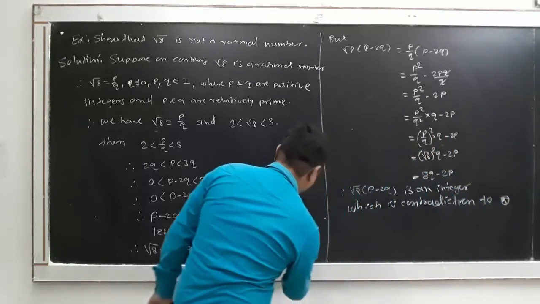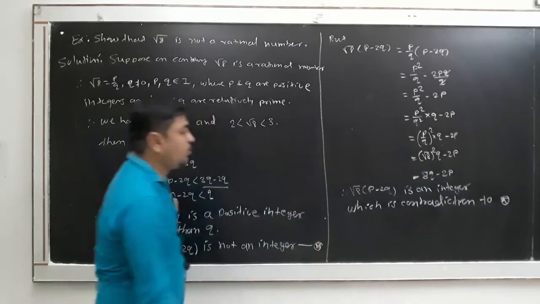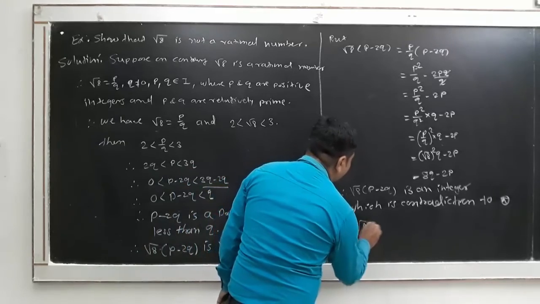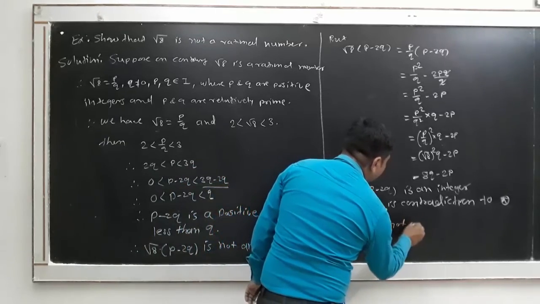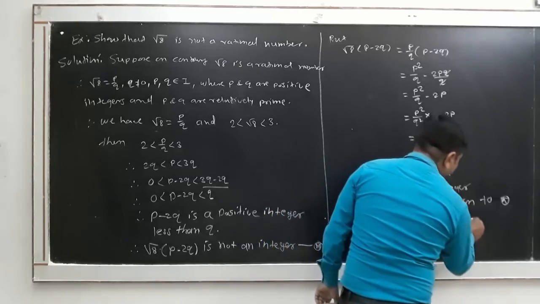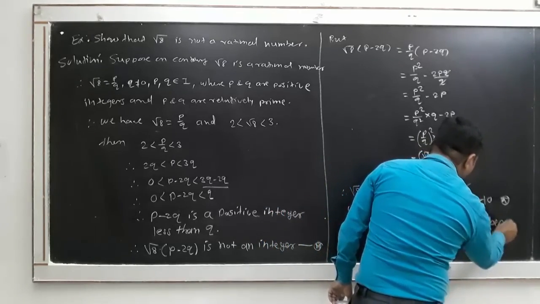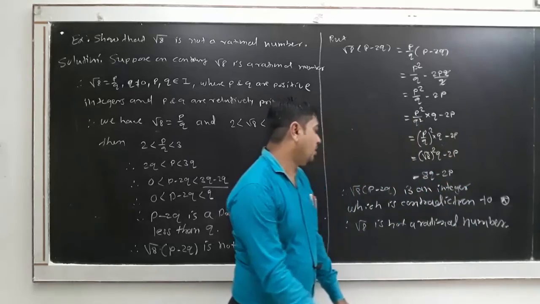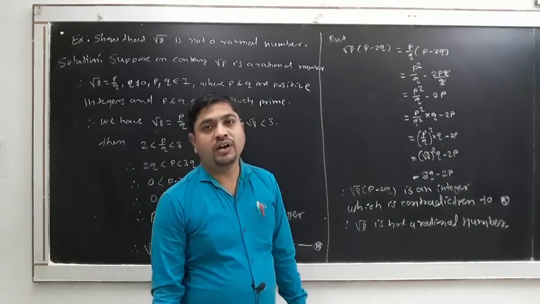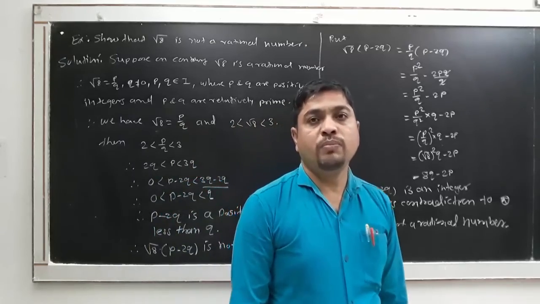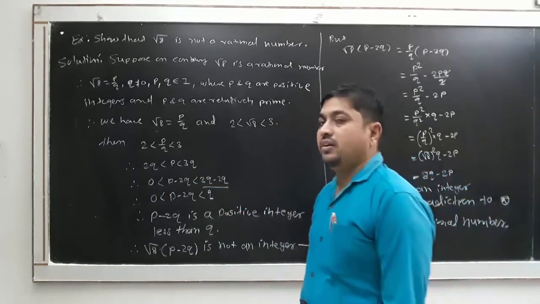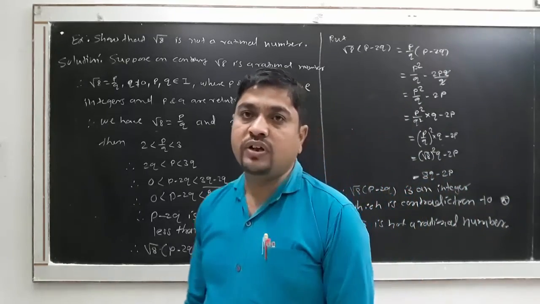Say it is star, which is a contradiction to star, and therefore we can say that root 8 is not a rational number, and therefore our aim is over. In a similar manner you can solve so many problems. We will take some problems in the practical session. Okay, so thank you very much.